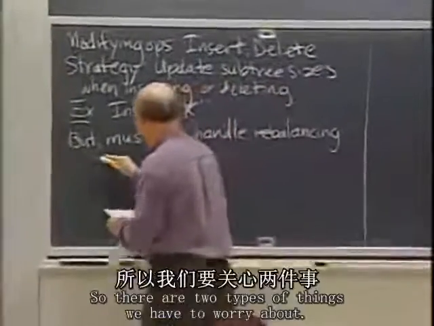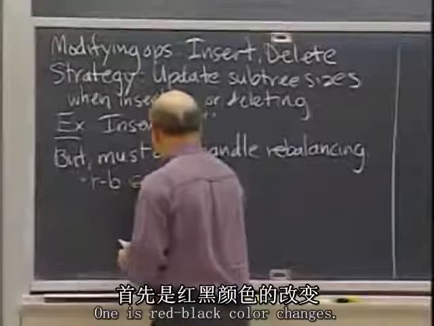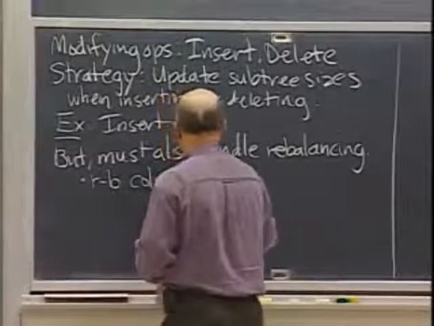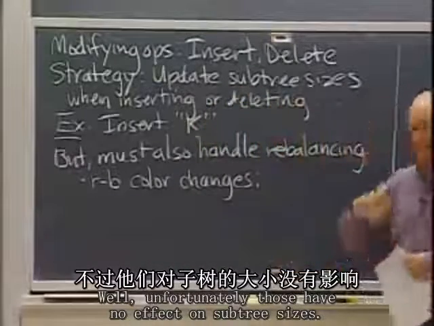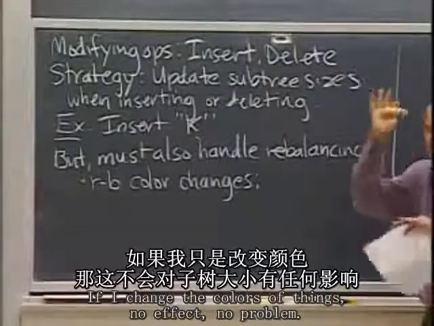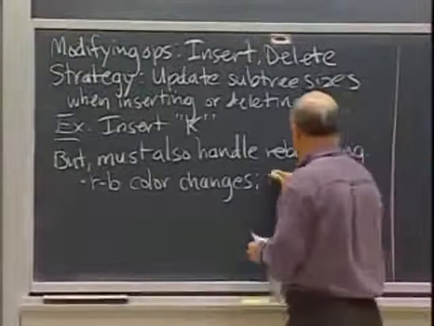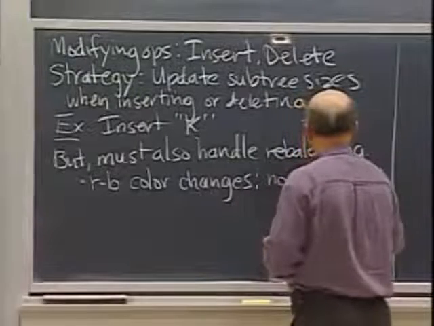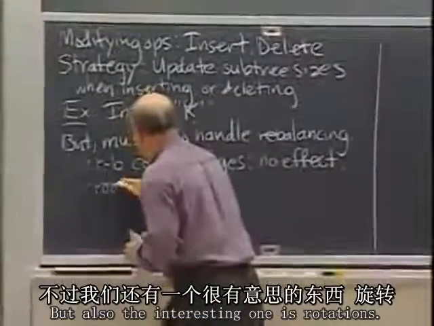So there are two types of things we have to worry about. One is red-black color changes. Fortunately, those have no effect on subtree sizes. If I change the colors of things, no problem. But the interesting one is rotations.